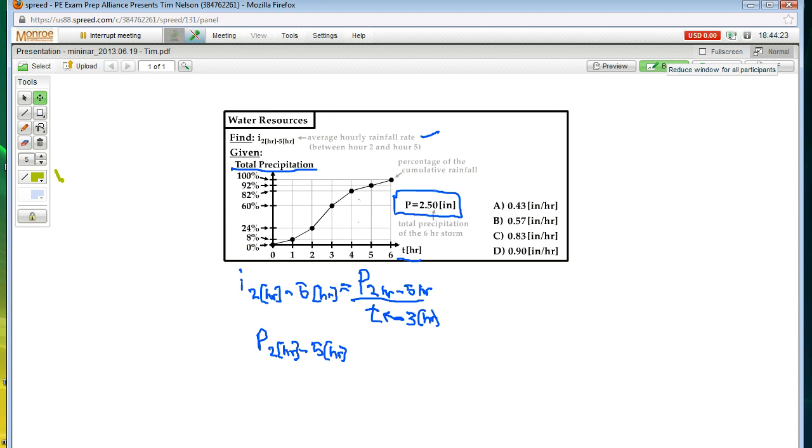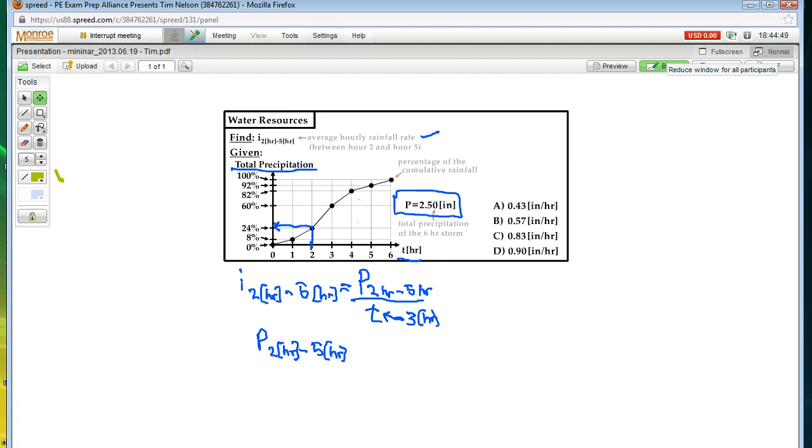So what we do is we go back to our graph here and we look at 2 hours and sketch up to the line, and then we'll sketch over to the vertical axis, and we see that 24% of the total rainfall for the storm has fallen after 2 hours.